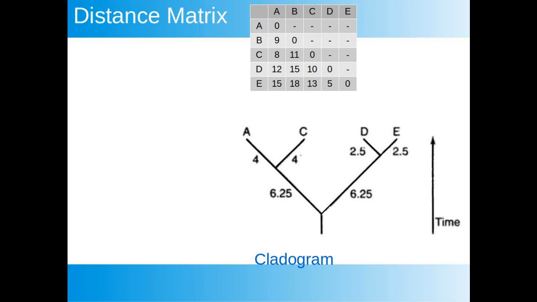Similarly, between the nodes A and C, from the distance matrix, we know the distance is 8. So, A and C should be connected to their common ancestor by branches that are 8 divided by 2 or 4 units long.